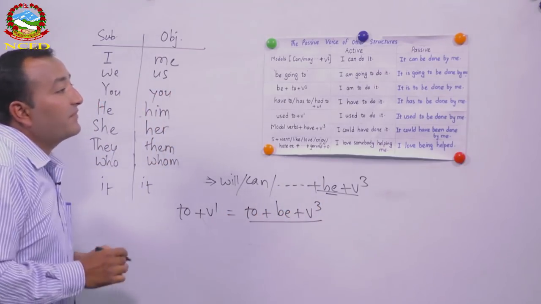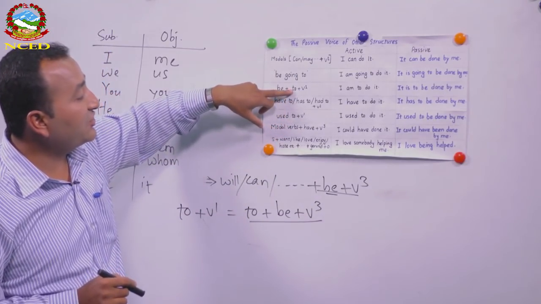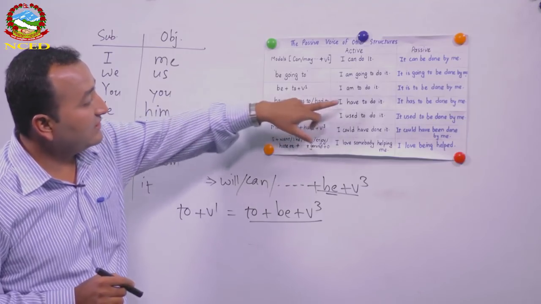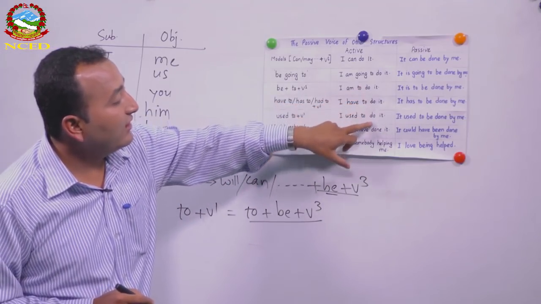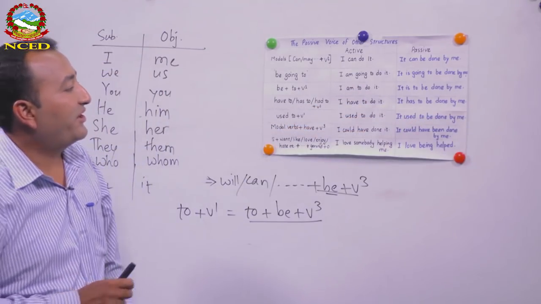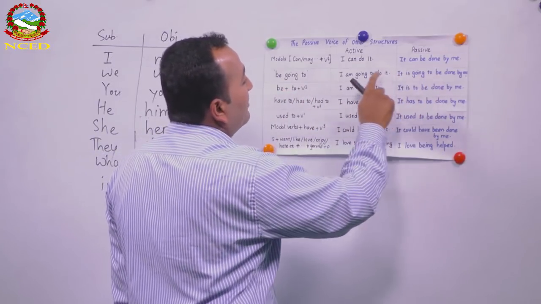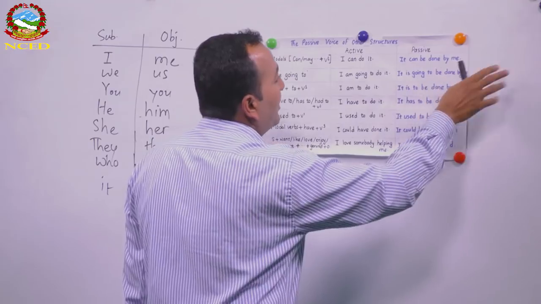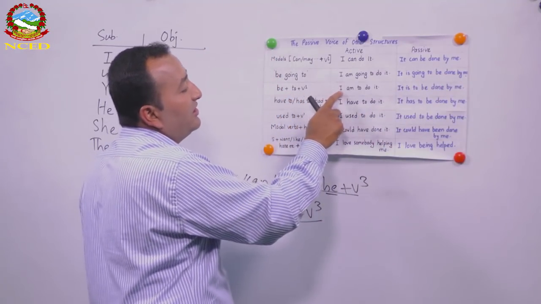Keep in mind, in every type of sentence, whenever there is to plus verb 1, after all these to, we write be plus verb 3. So it is going to be done. Do it done by me. Same structure: be plus to plus verb 1.